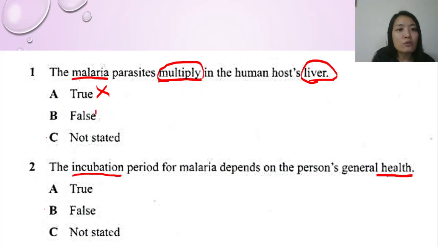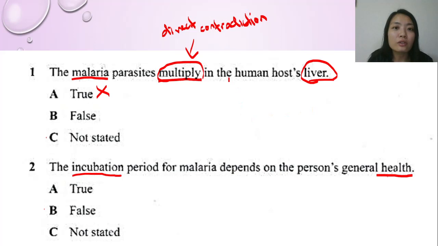If you choose false, you're saying that the text says it doesn't multiply. If you want to choose false, this has to be a direct contradiction of what the text is saying.